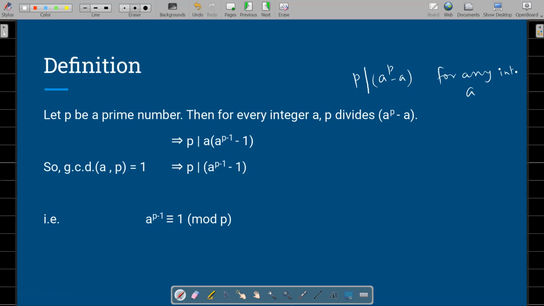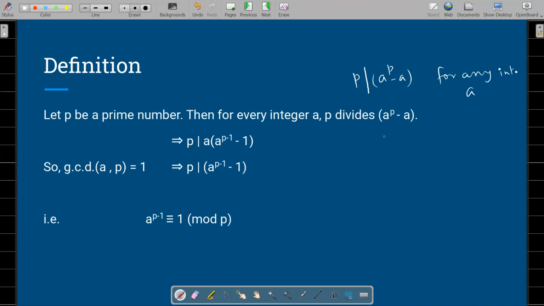If it's true for all bases, that is called a Carmichael number. They used to think you can get primes from this method, but later it was proved that you can't do that. So in some sense, the converse of Fermat's theorem is not true.